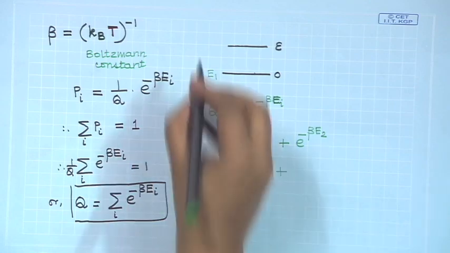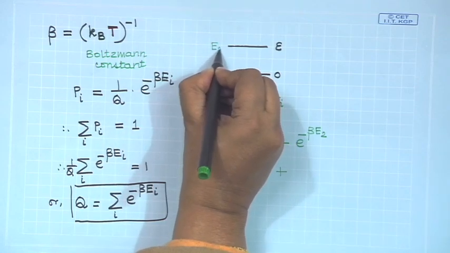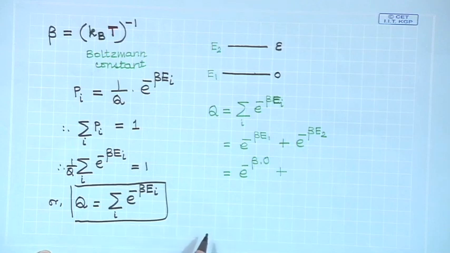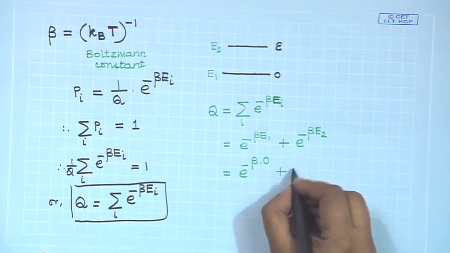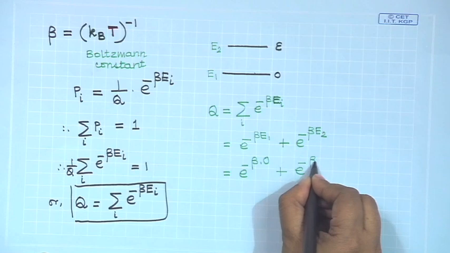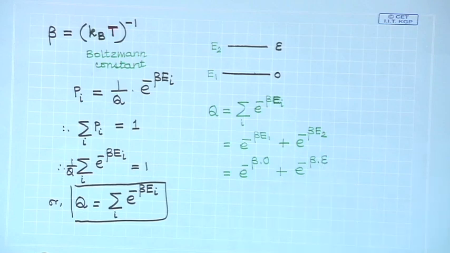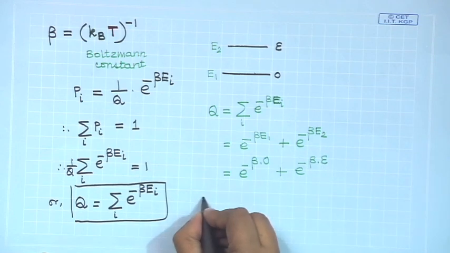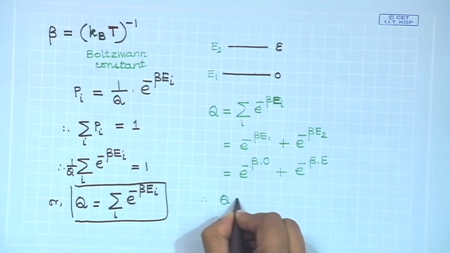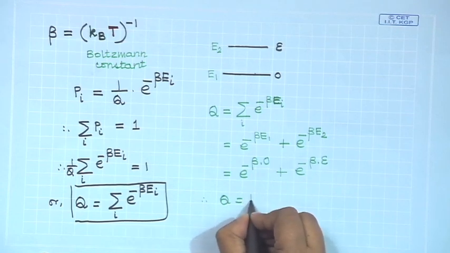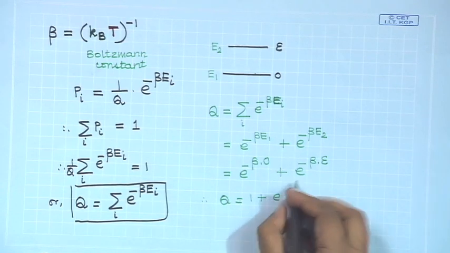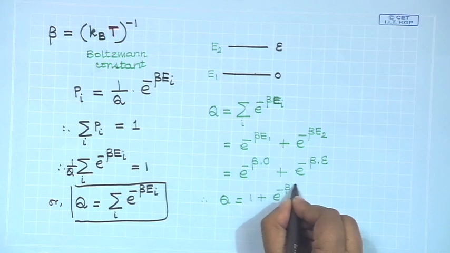What is E2? E2 is this energy value, and E2 by the definition of the problem is given by this number epsilon. Therefore, if I simplify, I find that for this simple system capital Q is equal to 1 plus e to the power of minus beta epsilon.